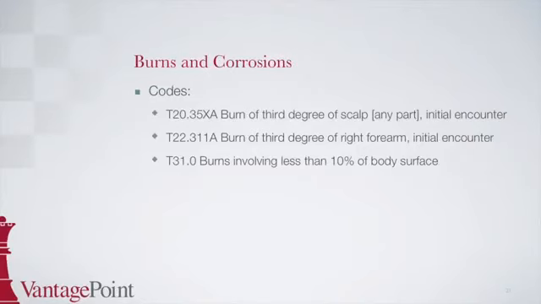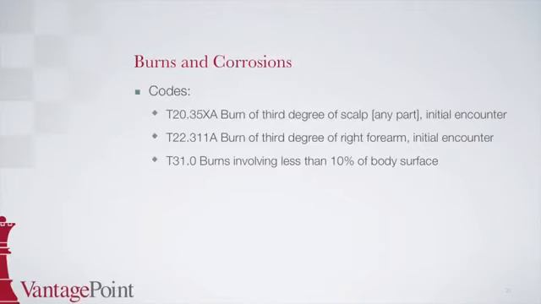The last code is T31.0, burns involving less than 10% of body surface. Even though only 6.75% of the total body surface area was affected by the burns, and the guidelines state that coding for TBSA is only required when greater than 20% of the body is covered, I wanted you to practice coding this in ICD-10.